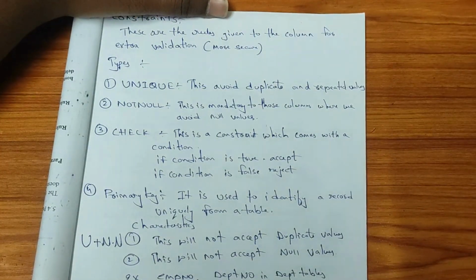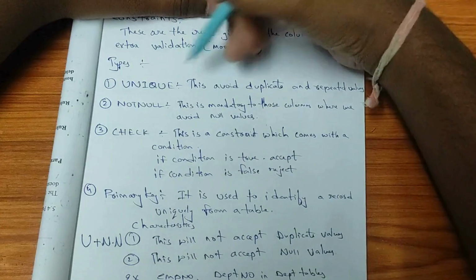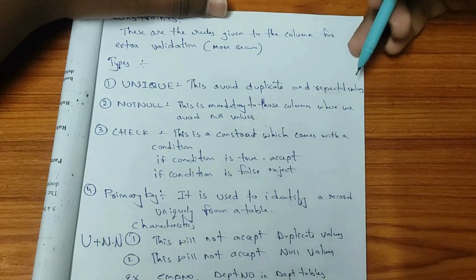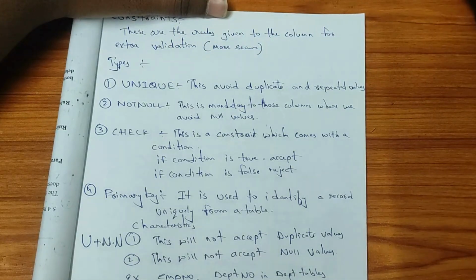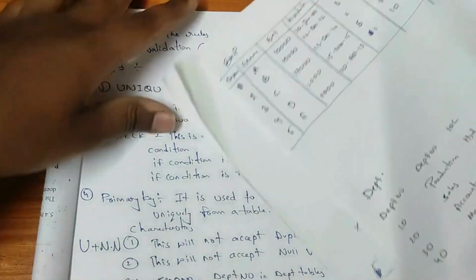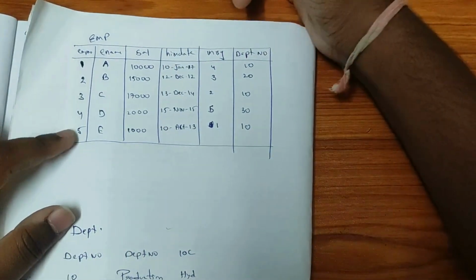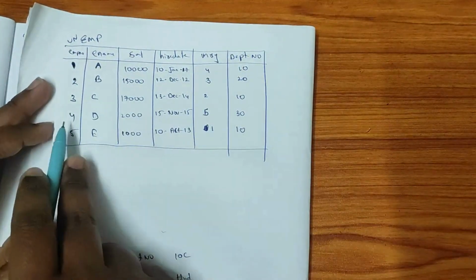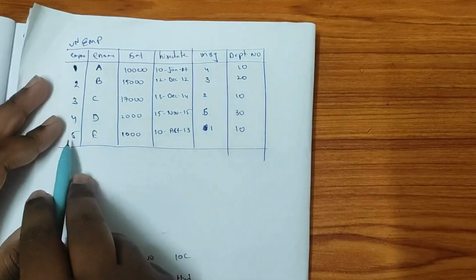Where do we use these in real life? Here, unique avoids duplicate and repeated values. For example, in this employee table and department table, a unique key will come here because we don't allow duplicates in employee number.